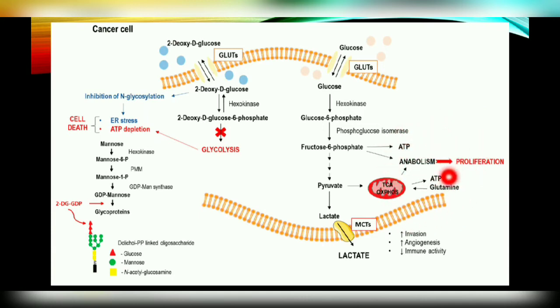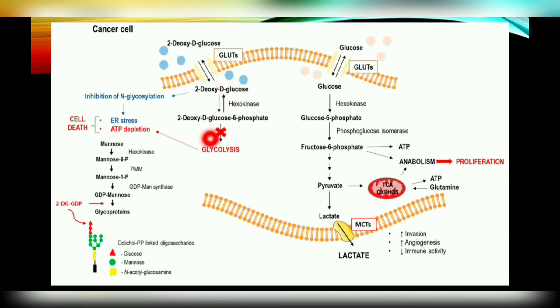This is what happens in your cancer condition. There is proliferation of the cell, increased blood supply, increased invasion into tissues, and immune activity is less. Because glucose is available more and more, this happens, and even when there is low oxygen content in anaerobic condition, it is converted to lactate and energy is produced. So this happens in your cancerous condition.